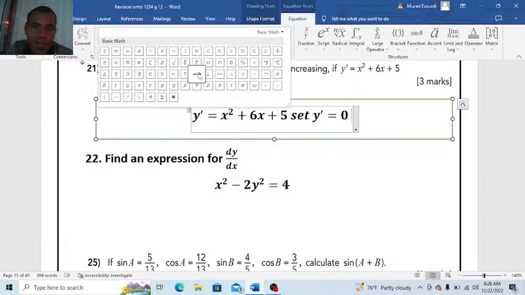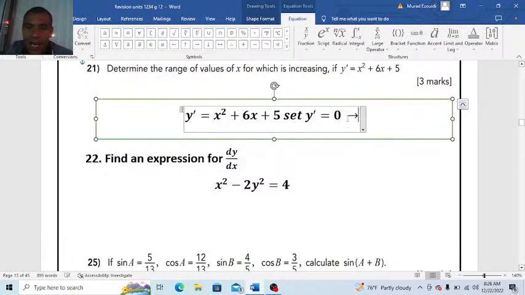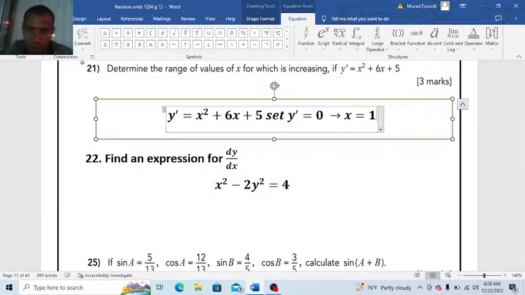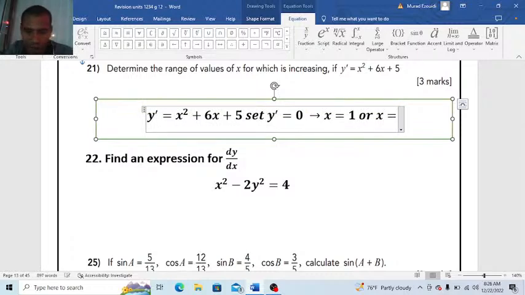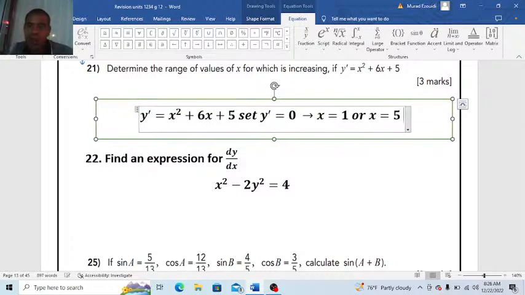This will give us x equal to 1 and the second x is 5, because 1 plus 5 gives 6, and 5 times 1 is 5. So x is equal to 1 or x is equal to 5, or you can use the method of completing the square or the quadratic formula to solve this.